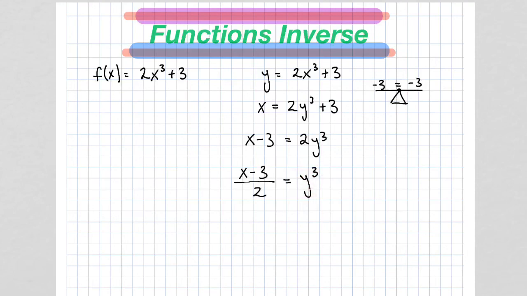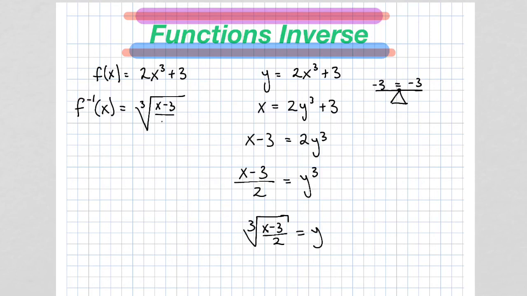This y is being raised to the third power. To get rid of that, we need to take the cube root. So we're going to say cube root of x minus 3 over 2 equals y. And at this point, we're done. So we're going to say that the inverse of f of x equals cube root of x minus 3 over 2. That's it. There's your answer.